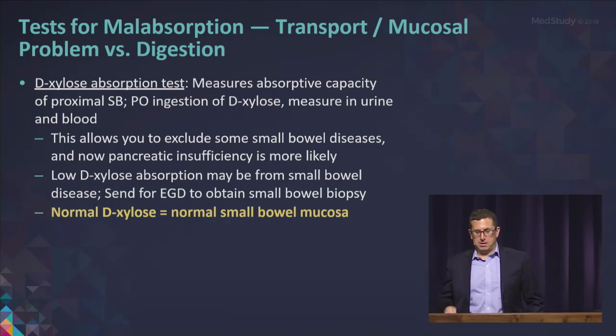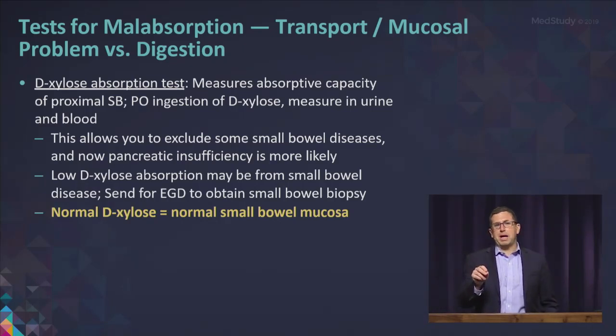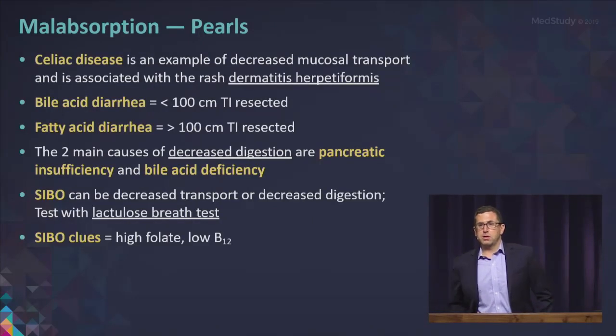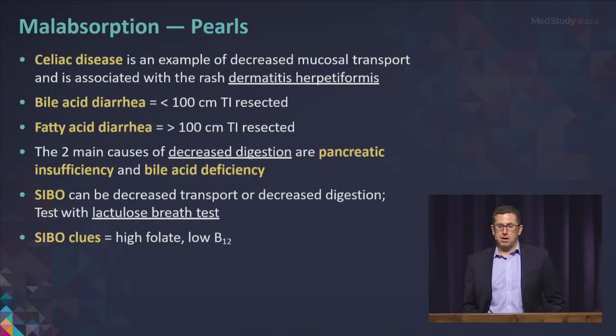Because what happens is that if the small bowel mucosa is diseased, you may not be able to absorb D-xylose, whereas if the small bowel mucosa is normal, you will be able to. So that's really the key distinction for this test. So if you have a normal D-xylose test, the bottom line is that you're going to have normal small bowel mucosa.